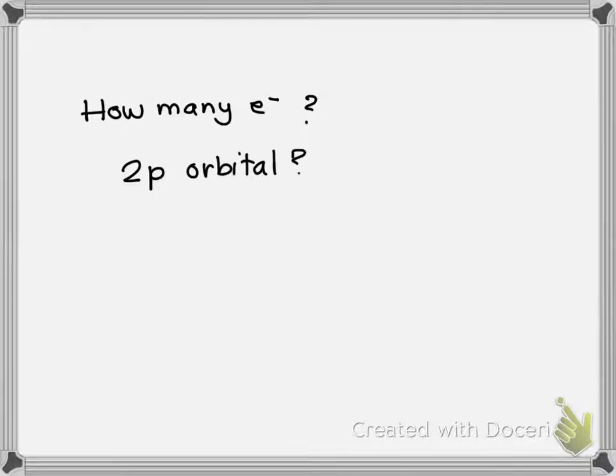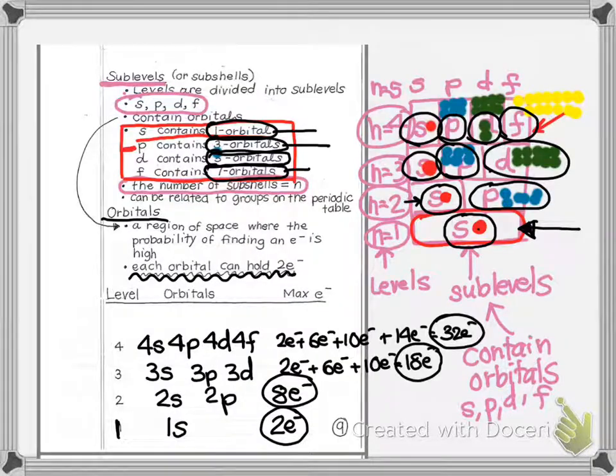Now, let's see if we can figure out a few things. So if the question is how many electrons fit on each one of these. If you have a 2p orbital, how many electrons fit in here? Well, let's look back. Each orbital can hold 2 electrons.